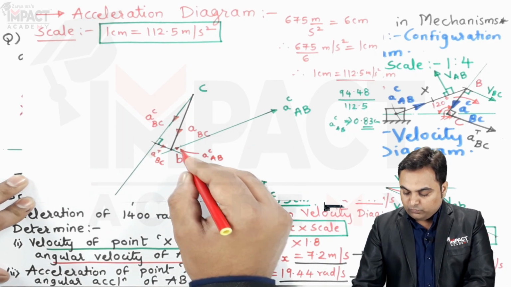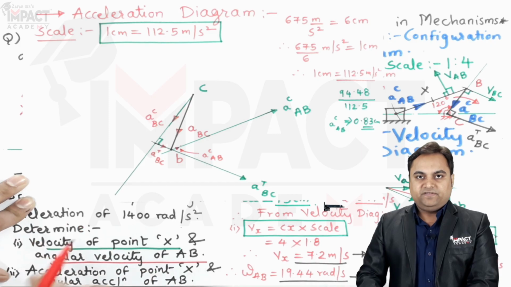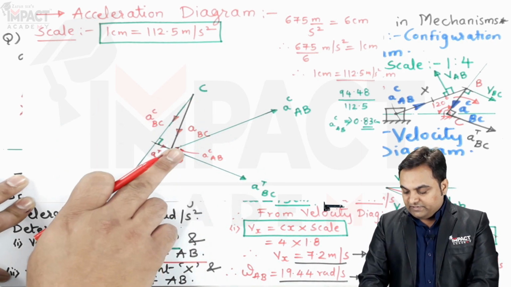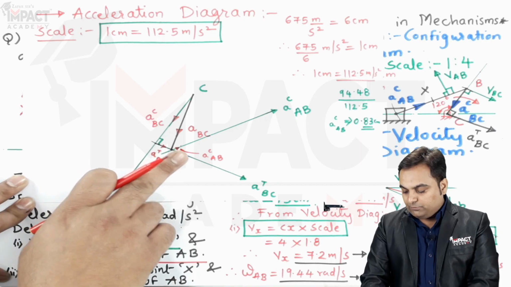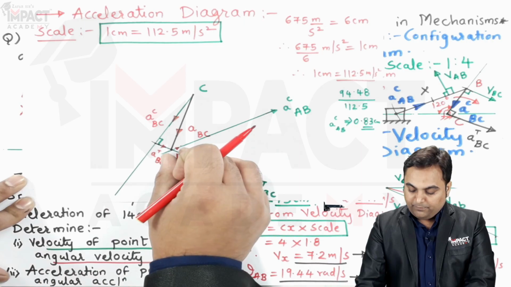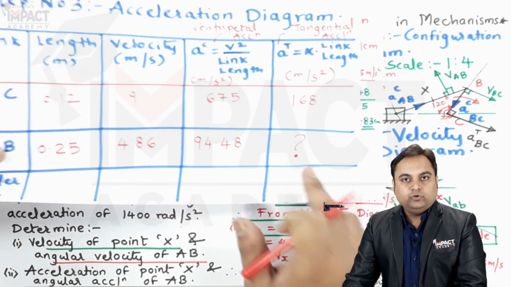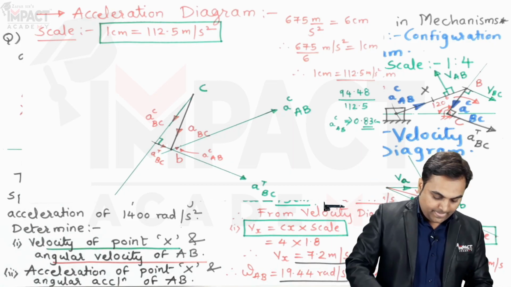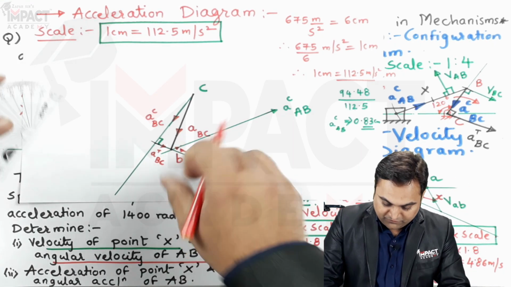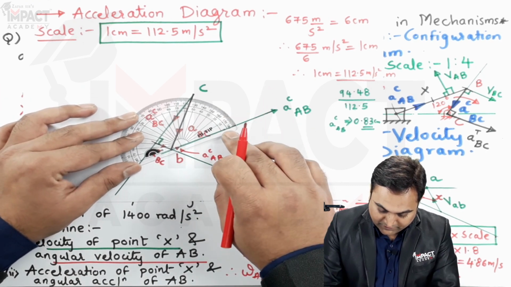When we are going downward, in order to get point A, we should have the intersection of point A from point C. So the tangential acceleration direction would not be in the downward direction, it has to be in the upward direction perpendicular to it, and the magnitude is not known, so the direction would be measuring 90 degrees from this point where I have taken 8 mm distance for the centripetal acceleration.